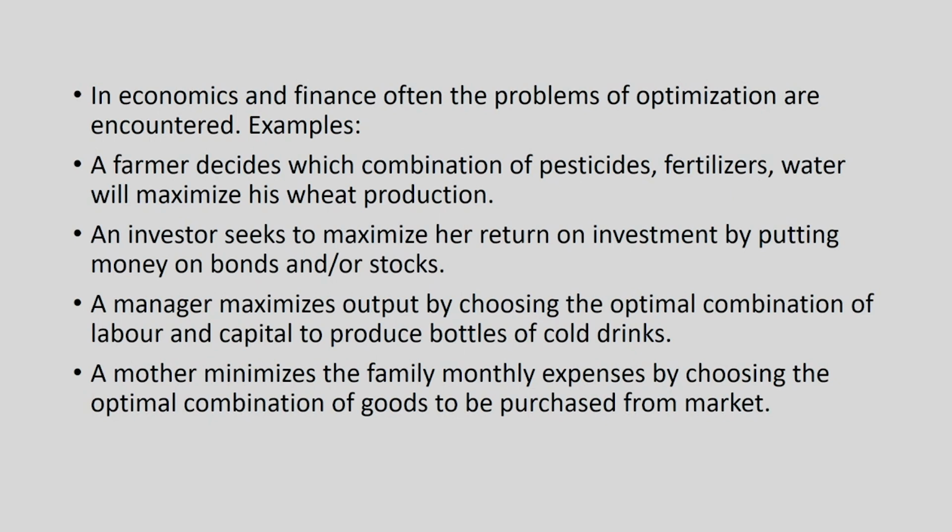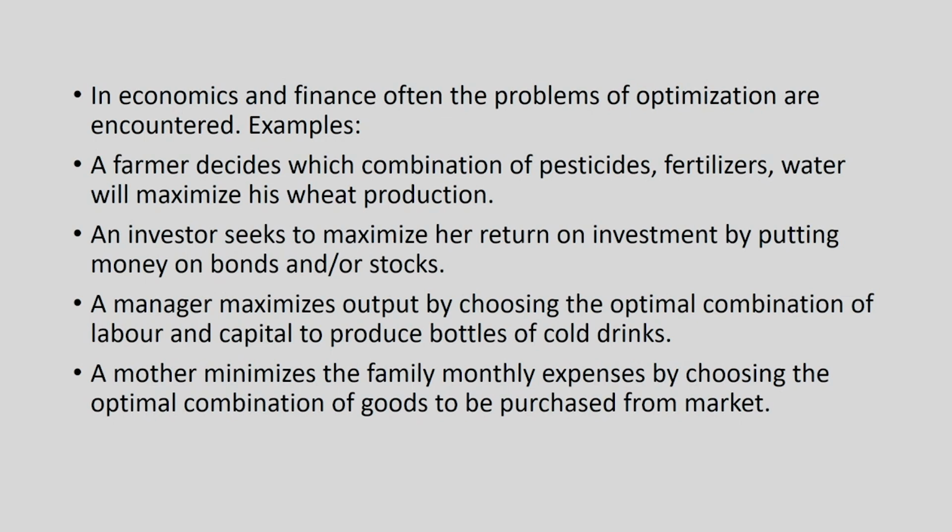On the other hand, she can put the money in buying stocks. Stocks means shares. In case of shares, the return is not certain. It can go up and it can as well go down. So it can be very high also, and it could be very low also. So it's a risky asset. So how should the investor allocate her funds into these different sorts of assets so as to maximize her return? So this is another problem of optimization.